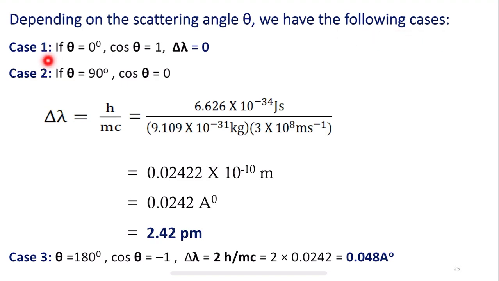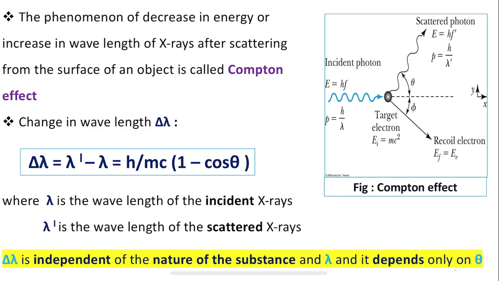Case 1: if theta equals 0 degrees, then cos theta equals 1. If cos theta equals 1, then delta lambda will be equal to 0. Go back and see this equation.